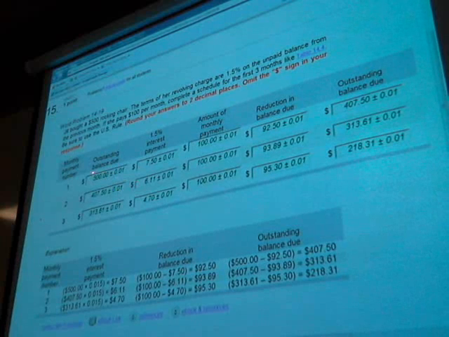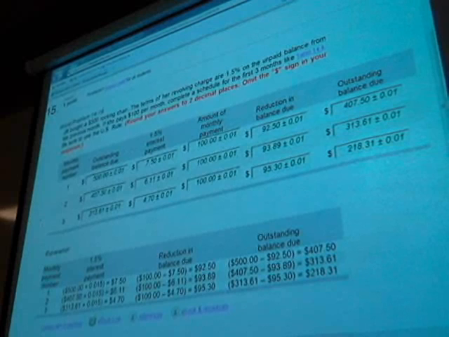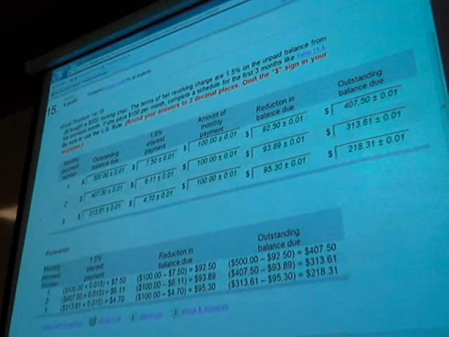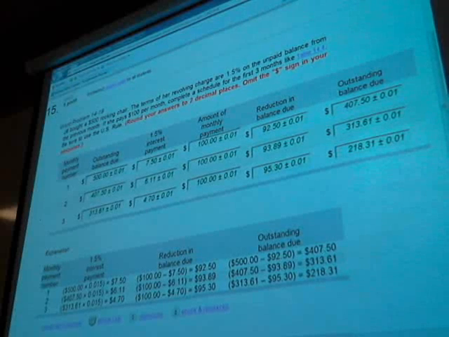No, it's just the outstanding balance, 500, times 0.015 equals the $7.50. Then when you take the payment minus the interest, that gives you the reduction. Take the outstanding balance minus the reduction, and that gives you the far right, the new outstanding balance.